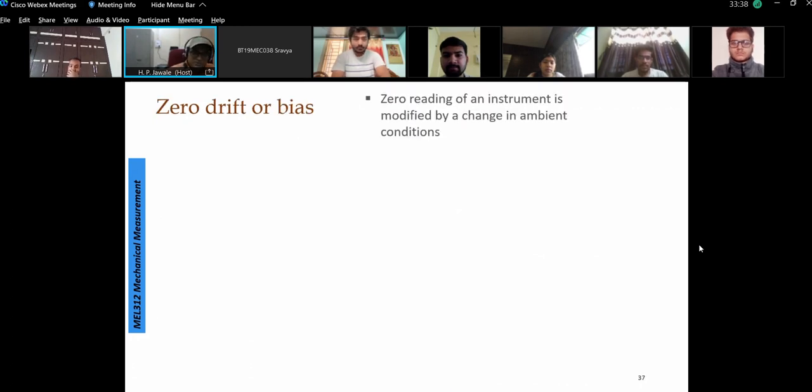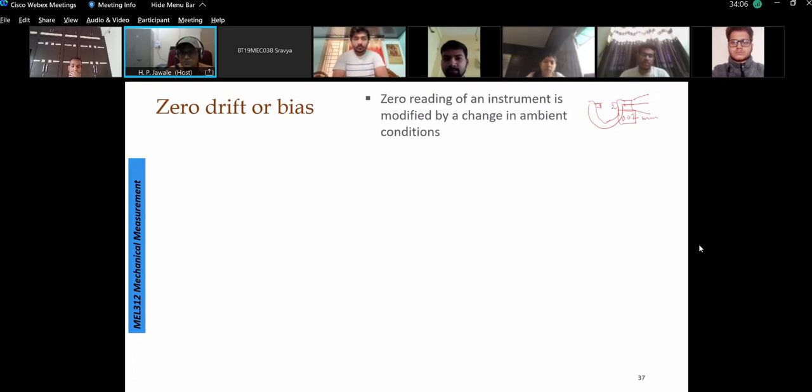Now let us understand what is zero drift. Zero drift is when the instrument zero is shifted. I think in an earlier discussion I have shown you the example of the micrometer screw gauge. The micrometer screw gauge is having some kind of value shown. For example, when the movable jaw is in very close vicinity with the fixed jaw, the instrument reading is shown, say some value 0.02 mm, suppose.